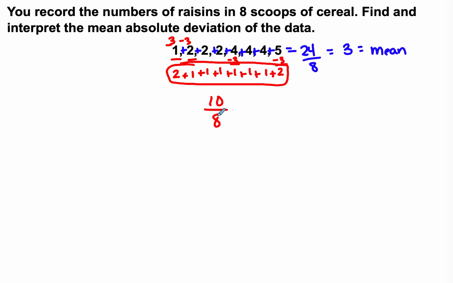I still have 8 numbers, so I'm going to do 10 divided by 8. That's going to tell me my MAD, which is 1 and 25/100. It says find and interpret, so here's our answer for the MAD, 1 and 25/100.